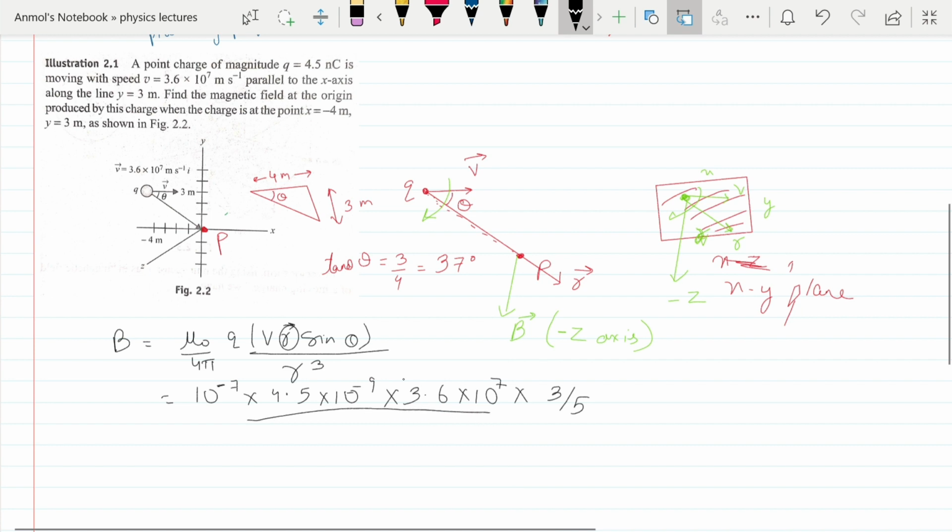What is the R value given? See, this side is 3, this is 4, and this is your R, and R is equal to 5 here. So you can directly say this is 20. In fact here, when you're taking V cross R, V we have taken.